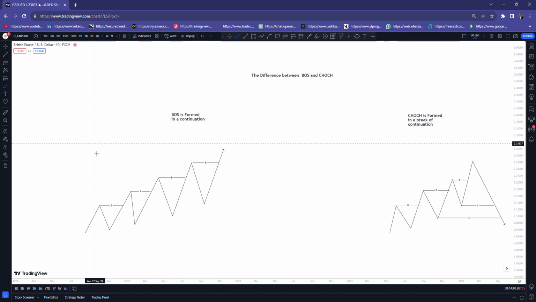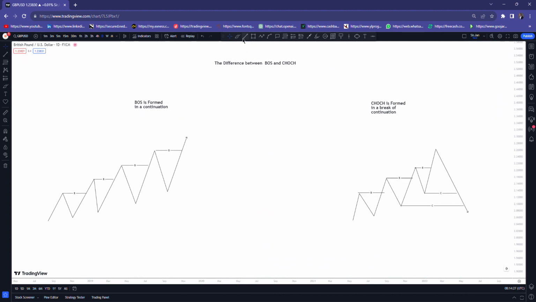For example, here we've got a bullish trend, which is just a series of order flows, continuation to the upside. Therefore, when you approach the market in this form, this is what you expect.